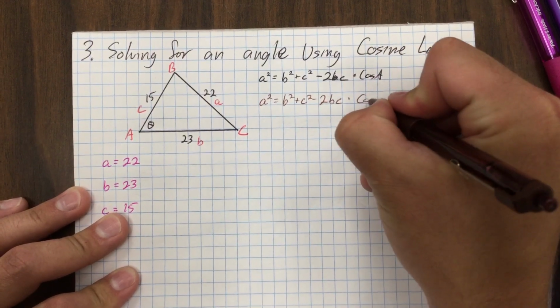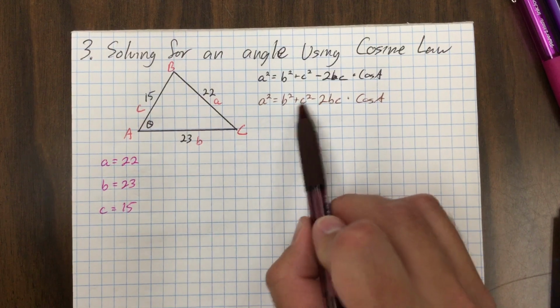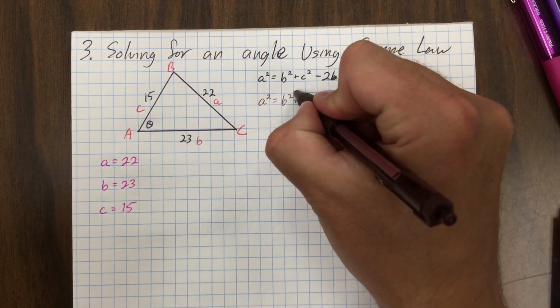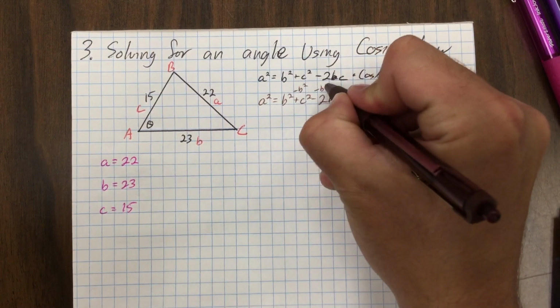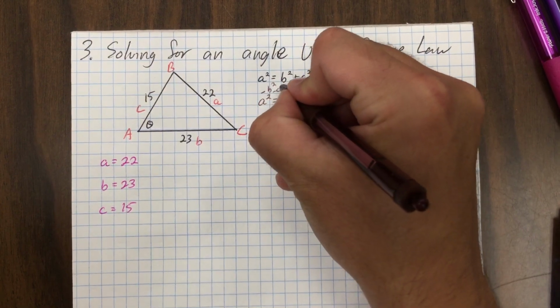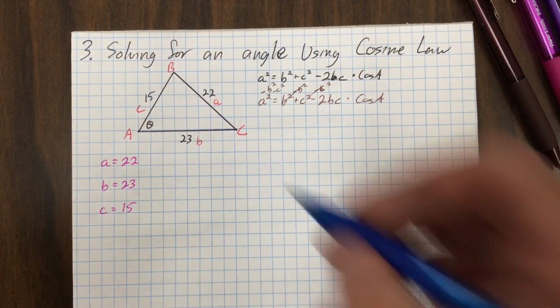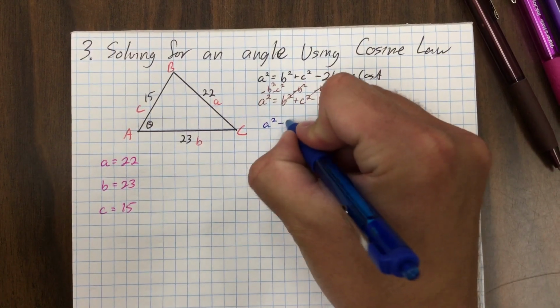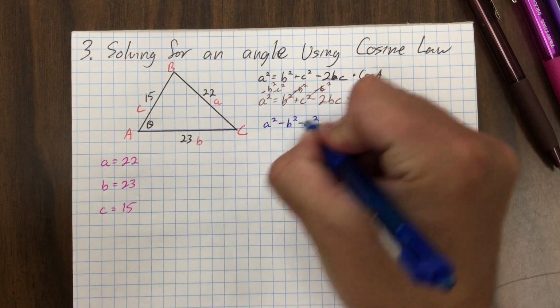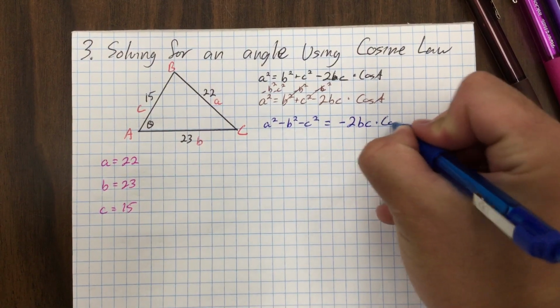We know that these two are both adding, so we can subtract b squared and c squared from both sides. These are going to cancel out.